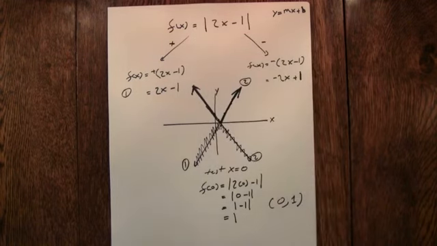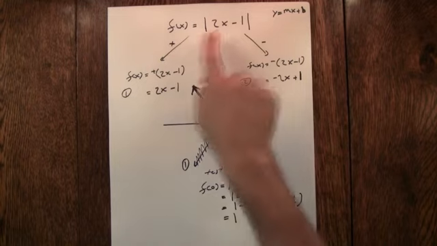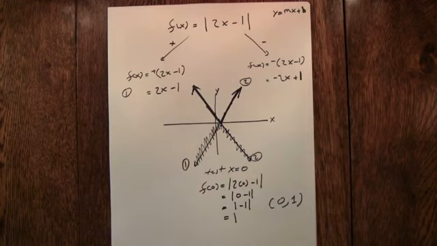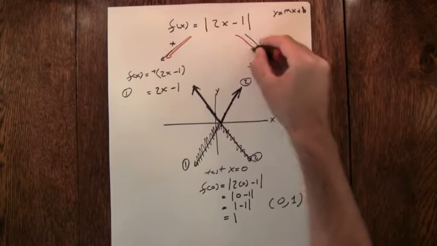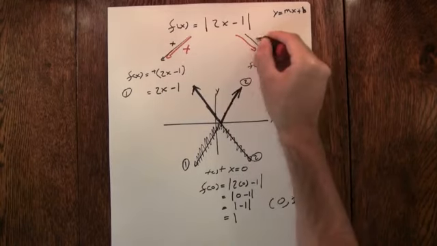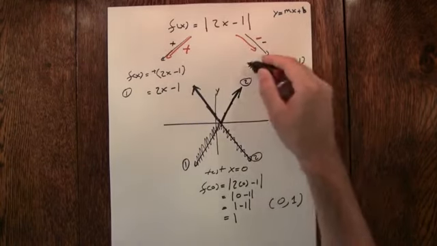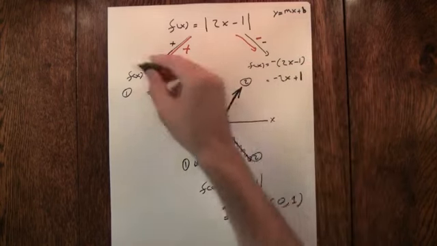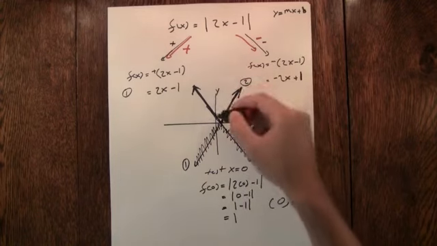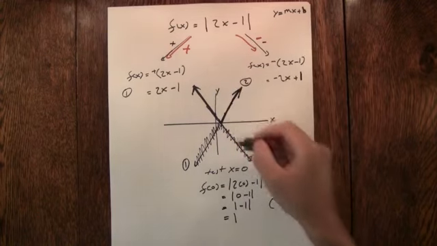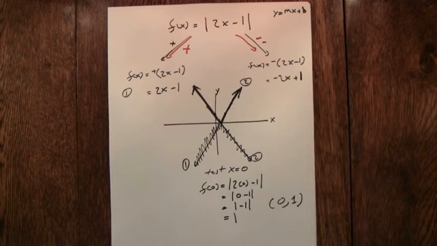This method of solving absolute value equations is the same thing that you do no matter how complicated this polynomial becomes. You split, you take it positive, you take it negative, you solve, you graph, you test a point in the original function, and you figure out which one it is.